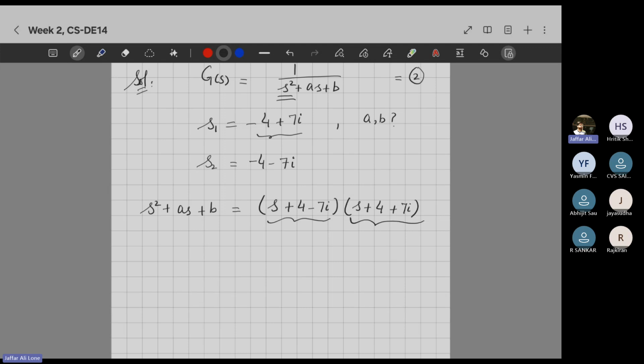If you simplify, you'll get the first term, so let's simplify it.